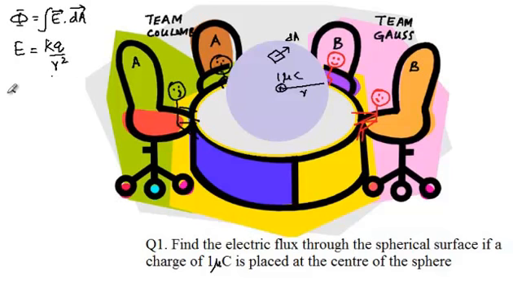Now if you look at this integral, then phi can be written as, you can put E outside the integral because the electric field E is the same everywhere, and we are left with integral dA. Which gives us kq by r square times integral dA, and integral dA is the total area of the sphere, which is 4 pi r square.